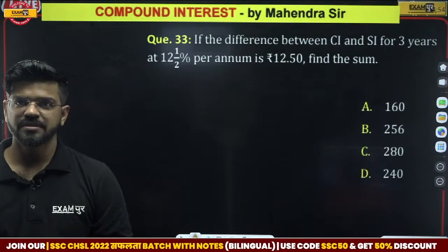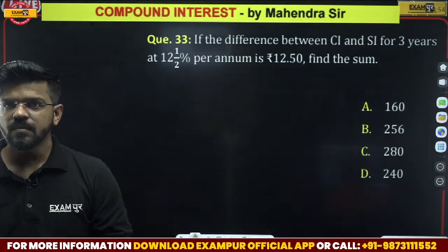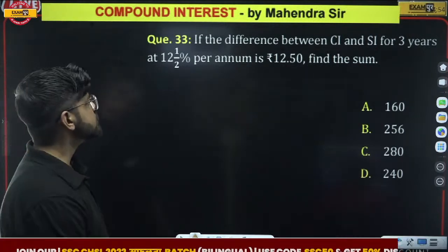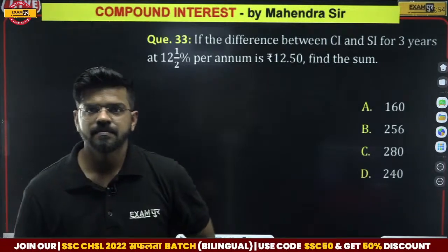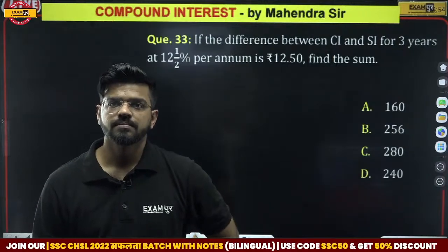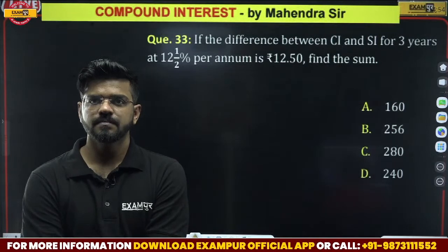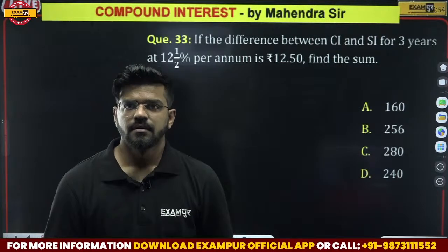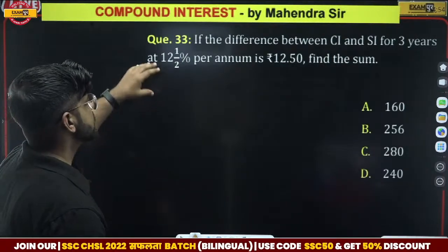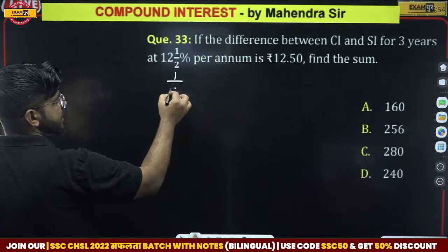Tell me the answer of this question. If the difference between CI and SI for 3 years at 12.5% per annum, 12.5% is 1 by 8.